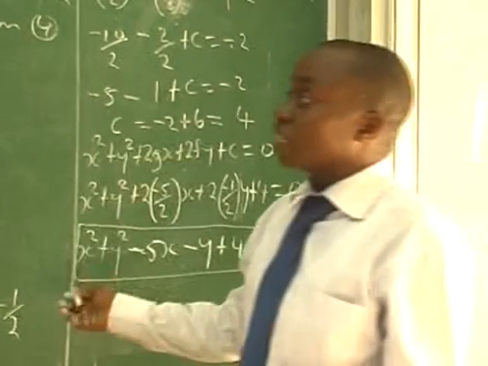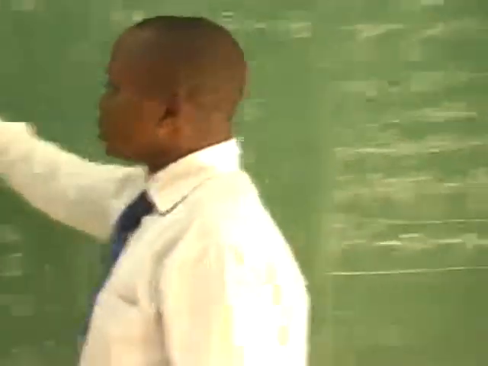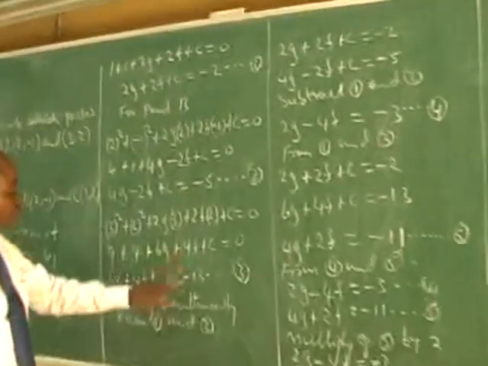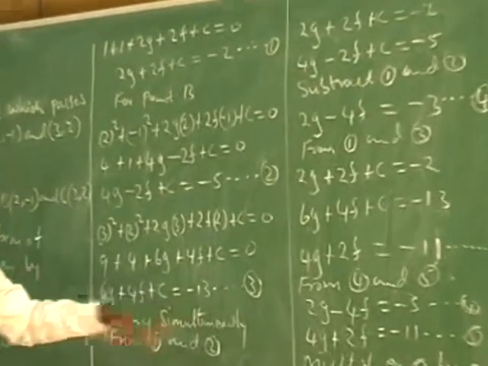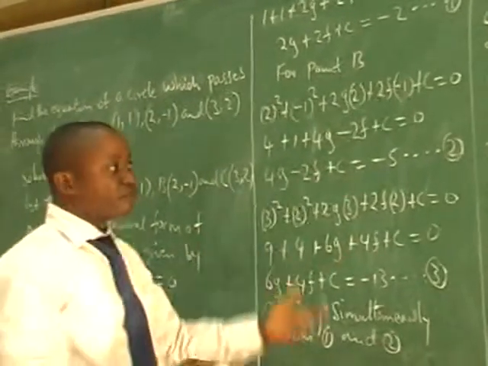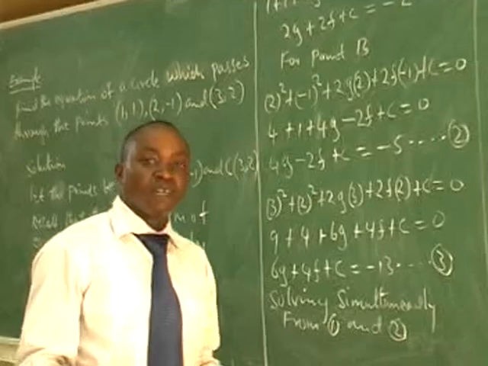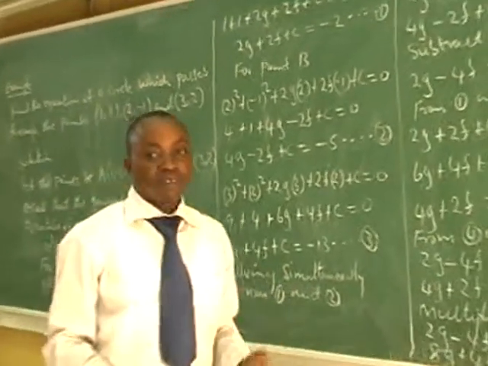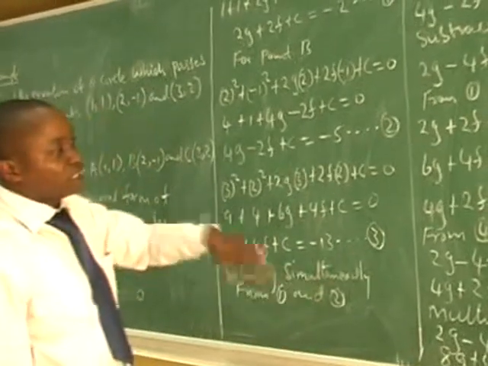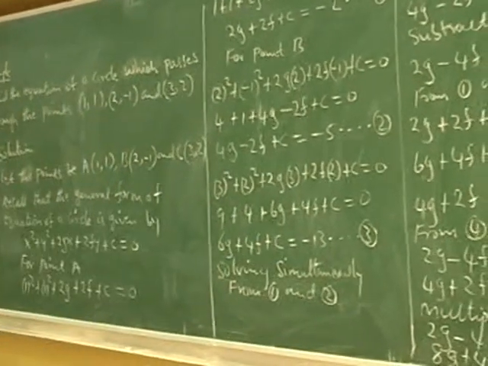Or if you don't want to use that, after forming these 3 equations, equation 1, equation 2, equation 3, you can use the determinant method. Maybe you want to use Cramer's rule. You still get the value of g, the value of f, and the value of c. These things are simple to do. So study it very well, and then you know the pattern.